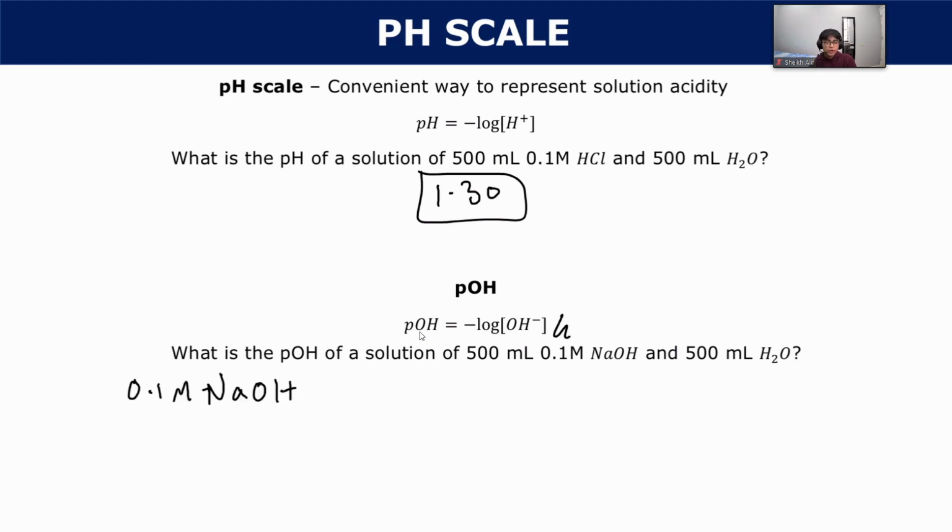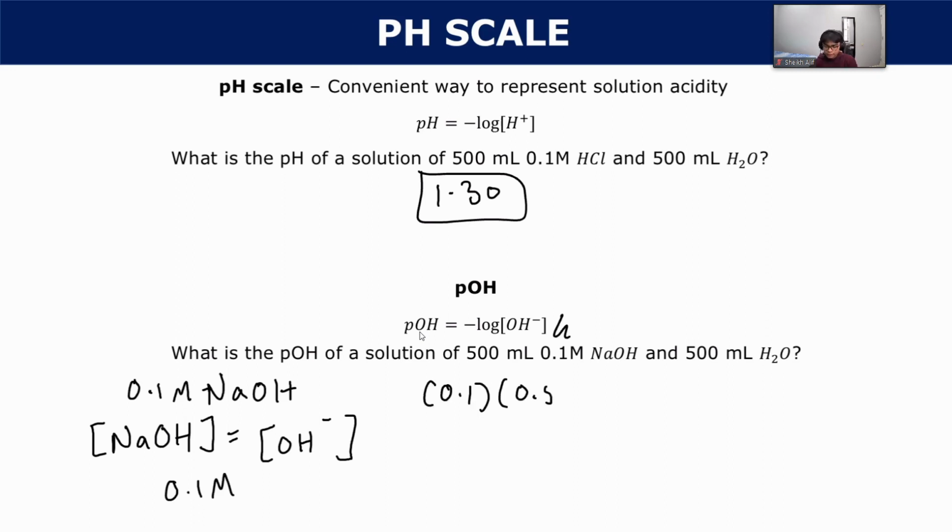And since NaOH is a strong base, we know that the concentration of NaOH is going to equal the concentration of OH minus. So our initial concentration is 0.1 molar. But again, you have a dilution because you're adding water to it. So 0.1 times 0.5 equals M2 times 1.